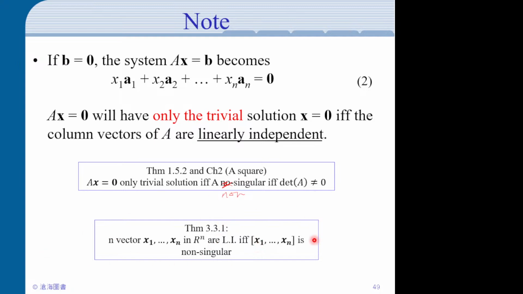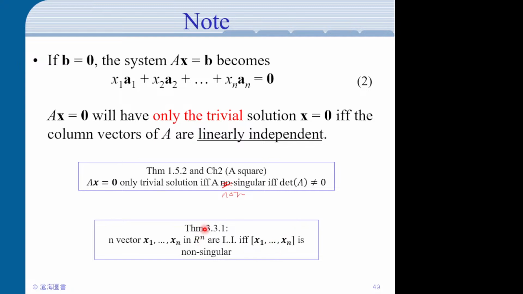And this is equivalent to what we also talked about in theorem 3.3.1. In there we were listing vectors, so x1 to xn, instead of A and A1 to An, we have x1 to xn and this big X matrix.